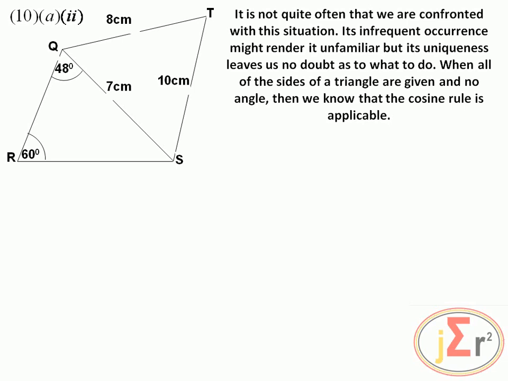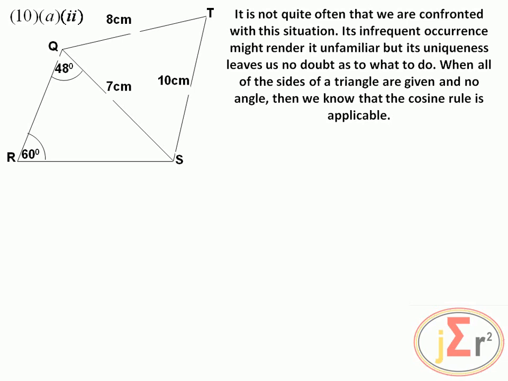When all of the sides of a triangle are given and no angle, then we know that the cosine rule is applicable. So we do not think about any other thing except the cosine rule, because we do not have any angle. If we do not have any angle in a triangle, the cosine rule is the only one that can be used. And that sets it apart from the others.